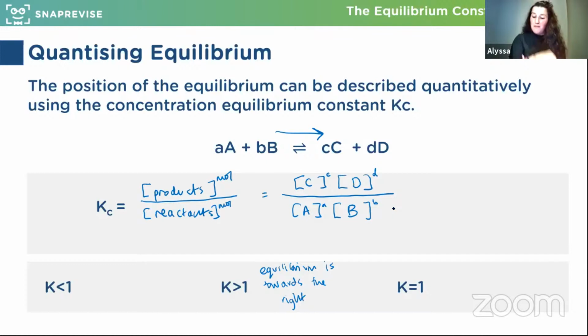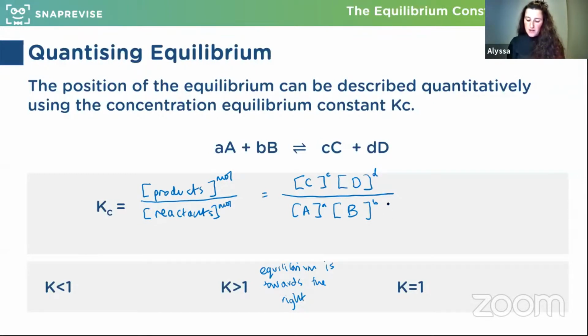Let's go back to less than 1. What happens if it's less than 1 then? If the value of K is less than 1, what do we know about our amounts of products and reactants, and therefore where is the equilibrium? Good, well done. Fantastic.